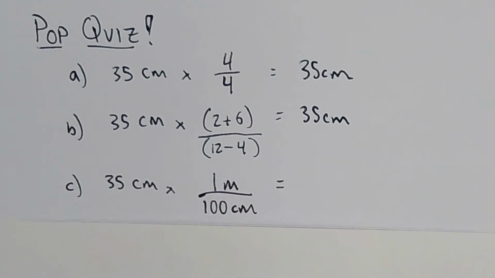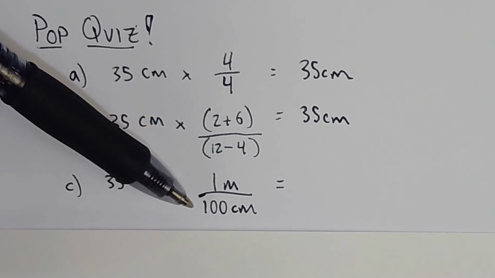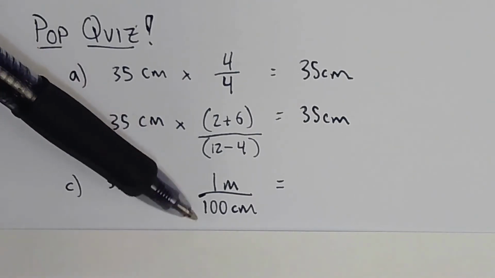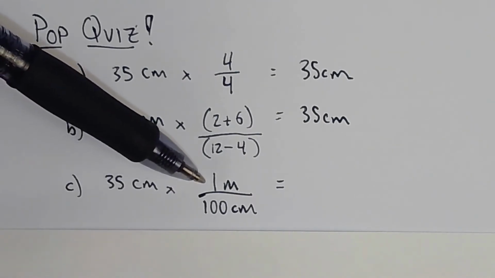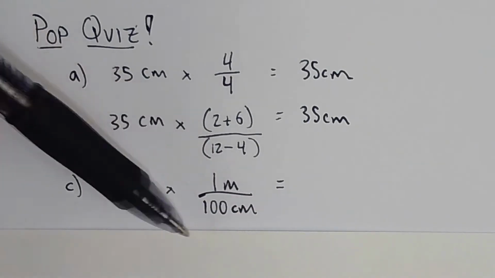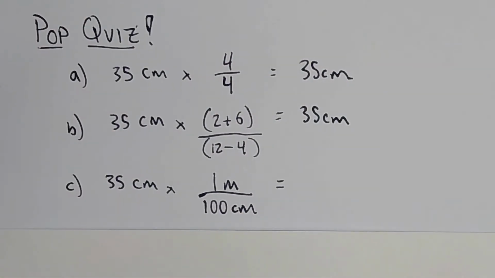And the final question in our quiz. We may know that 100 centimeters is the same as 1 meter. These are equivalent to each other. So you would be tempted to say the value on the top is equal to the value on the bottom, so it's 1, so 35 times 1 just gets you 35 again.